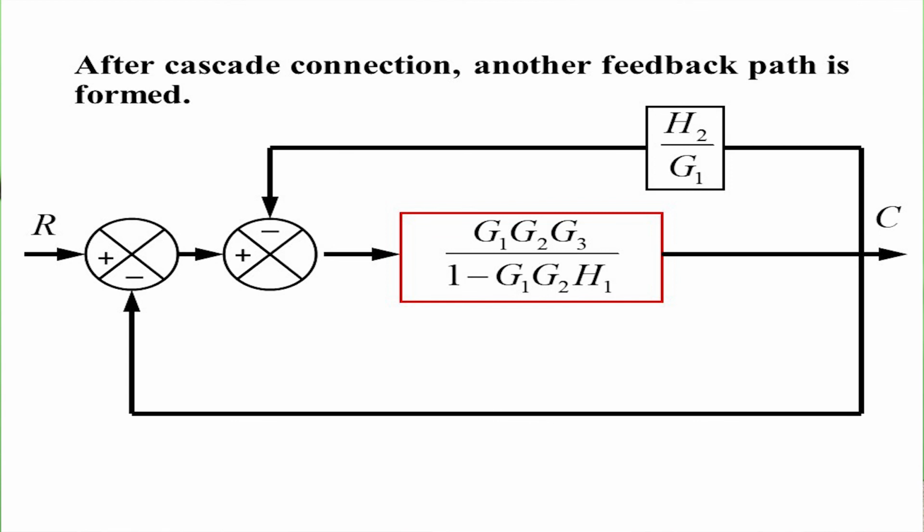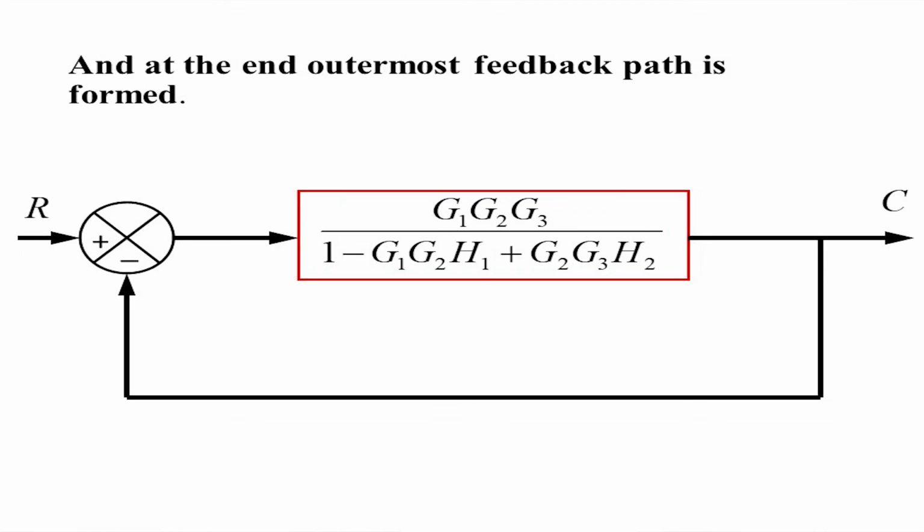Before solving the feedback loop, always remember that you first solve the inner feedback loop, then the outer feedback loop. Applying the formula, we get the output G1 G2 G3 divided by 1 minus G1 G2 H1 plus G2 G3 H2.